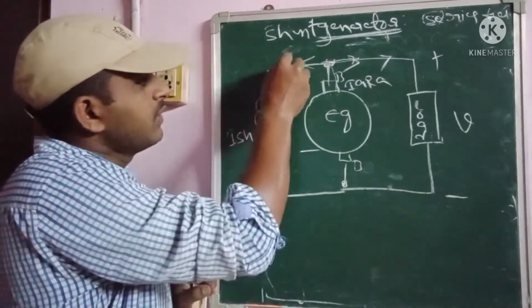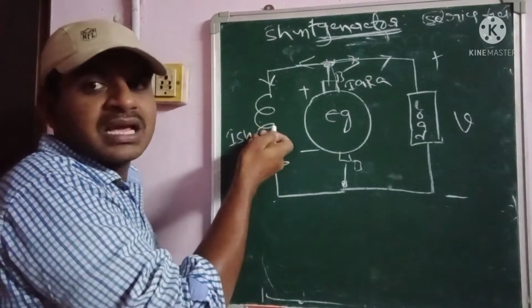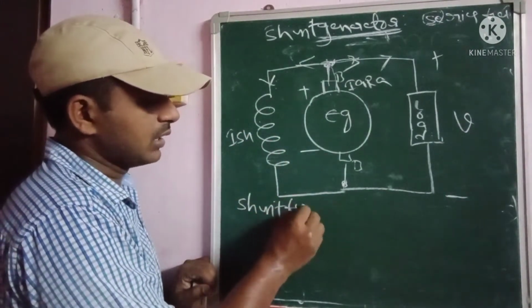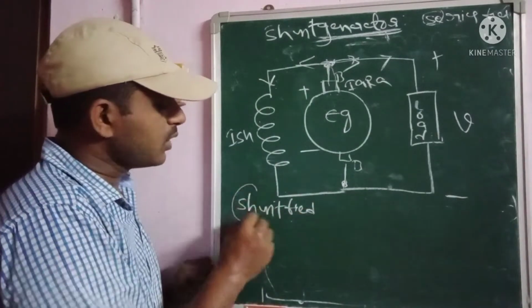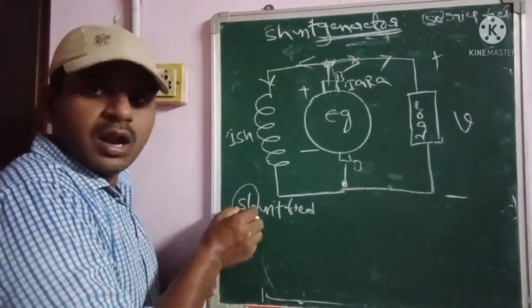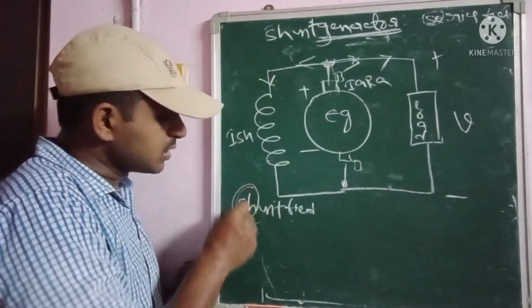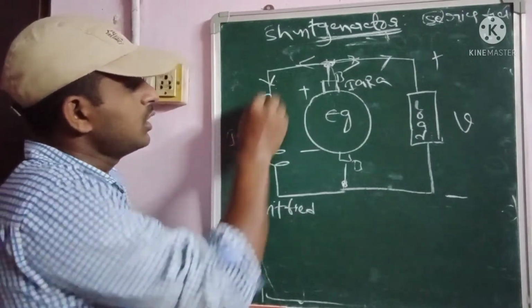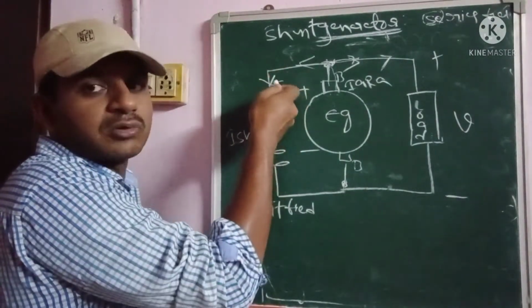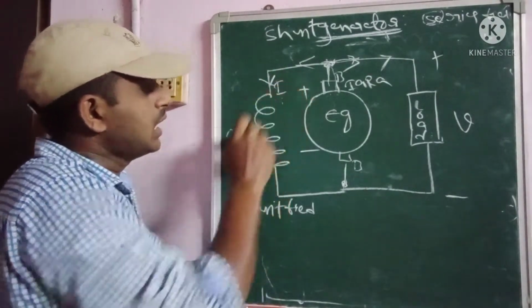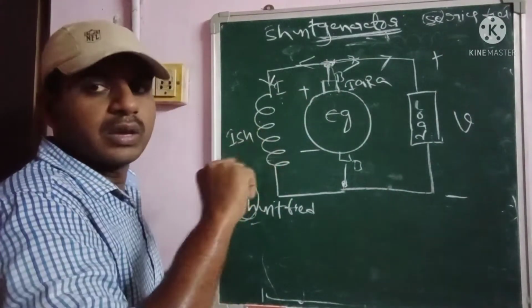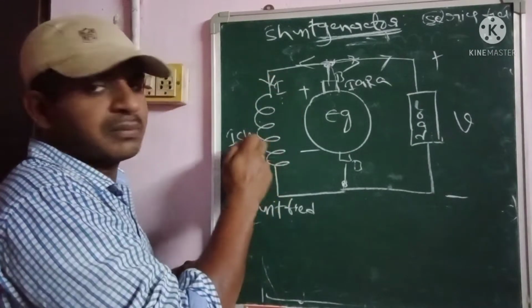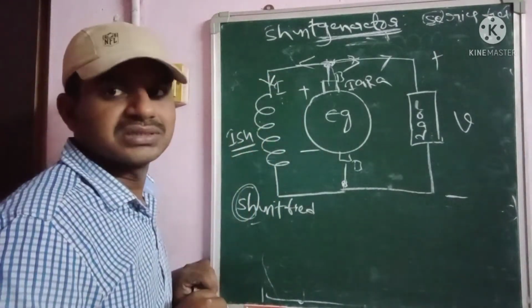For the current flowing through the shunt field winding, we take two words, shunt and field, so it is given as SH. The current flowing through this field is given as Ish.